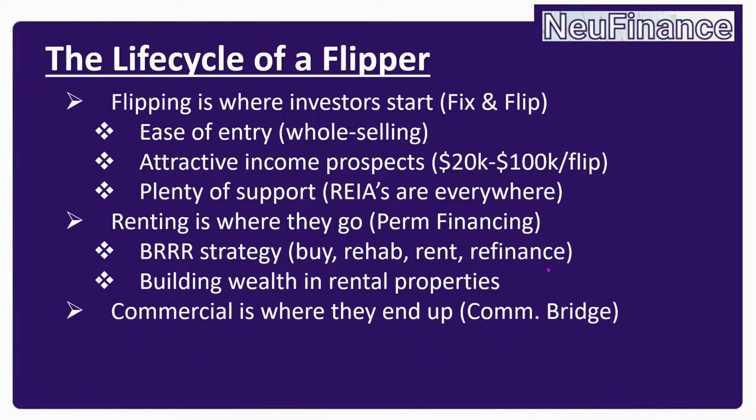And then the final goal of any fix and flipper, at least the ambitious ones, is going to ultimately be to buy commercial real estate. And the main reason why someone would want to buy commercial real estate is because of the triple net leases. If you're not familiar with triple net lease, it's a pretty awesome thing. And I can't believe that this is how it is, but it is what it is.